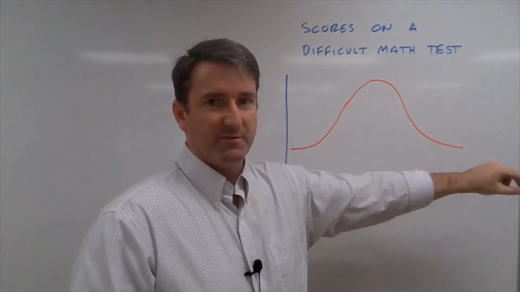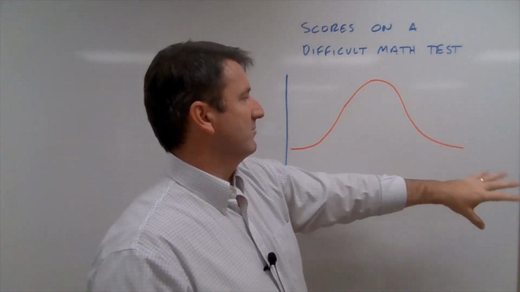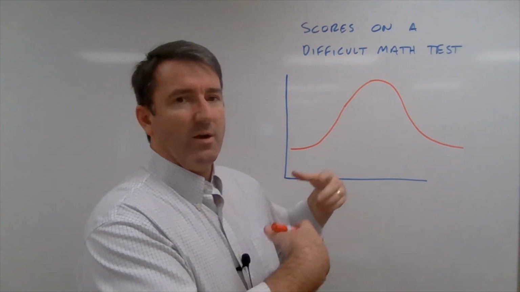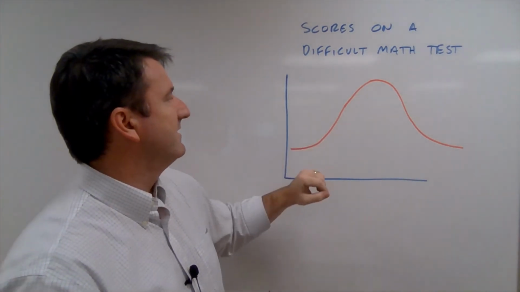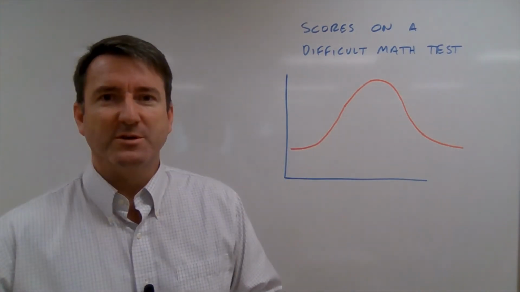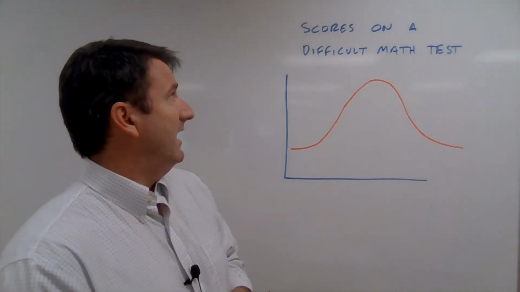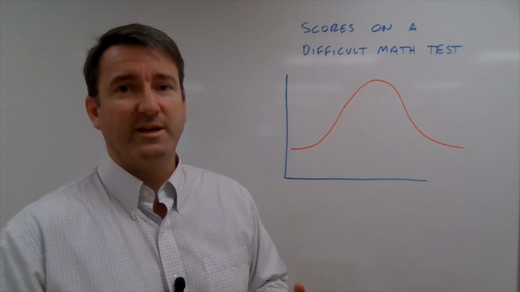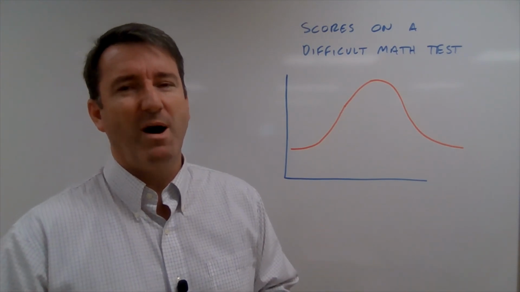The only place for values to spread out would be to the right. And so an easy math test would be right skewed. But for this difficult math test, I'm going to assume that the distribution would be symmetric and with a moderate variance.